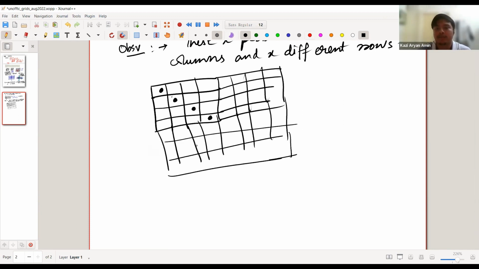Suppose you consider one of these columns, and suppose this column had another pebble somewhere here, and consider this column as well.